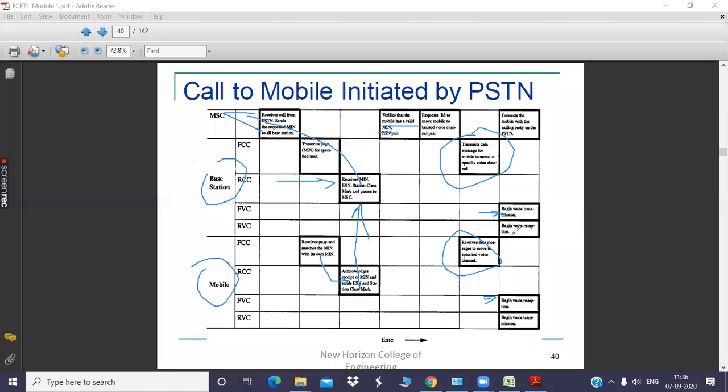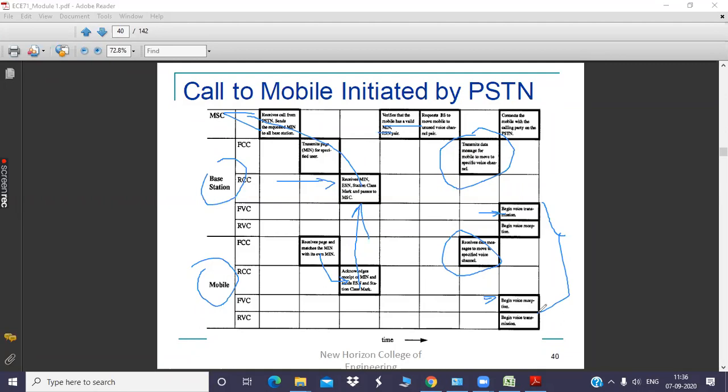By making use of the reverse voice channel, the mobile user will reply back. So this is happening in dual mode by making use of different channels. The advantage of different channels is that time delay can be reduced, and different frequencies are allotted for the reverse channel and forward channel, so that interference can be minimized.